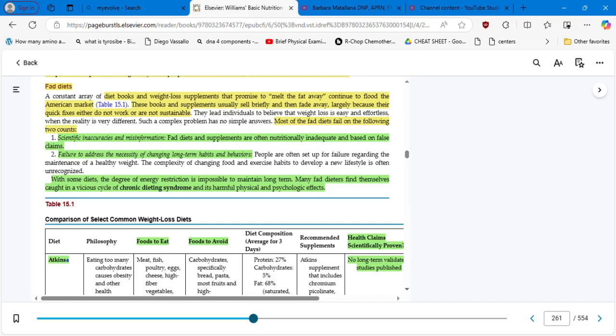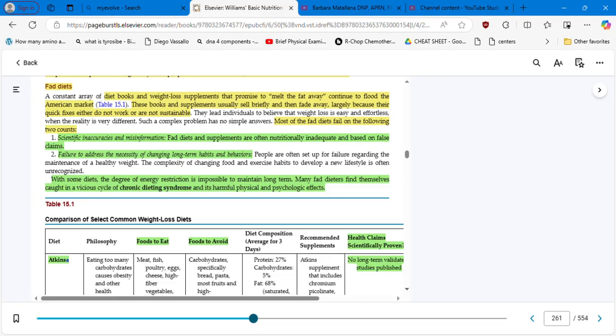First, scientific inaccuracies and misinformation. Yes, there is not enough research for the diets to double check if they are real, right? And then failure to address the necessity of changing long-term habits and behaviors. And that's basically the most important concept.